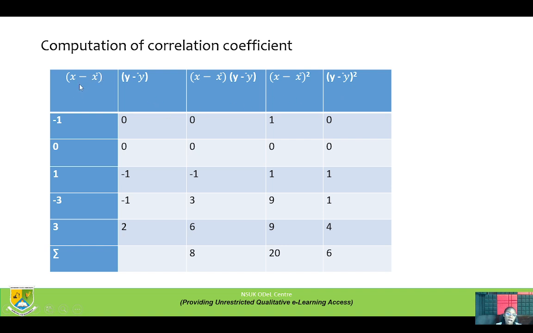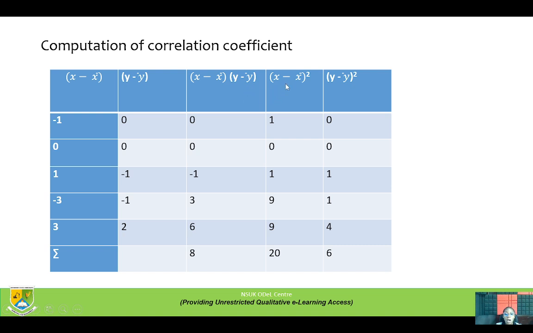On this column, we have our x minus x bar. On this column, we have our y minus y bar. On this column, we multiply x minus x bar by y minus y bar.